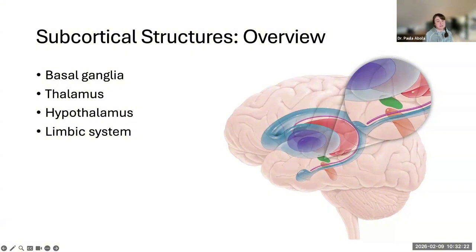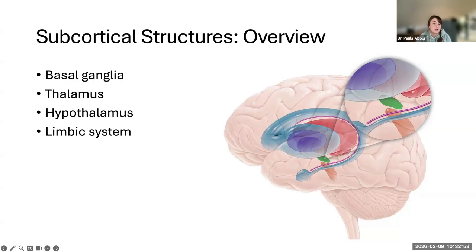So I study Parkinson's disease. It's my primary research area, and it mostly has to do with the basal ganglia. Also, conditions like Huntington's disease and dystonia involve dysfunction of these subcortical motor circuits, and mood disorders, anxiety disorders, and schizophrenia are associated with abnormalities in the limbic and thalamocortical pathways.